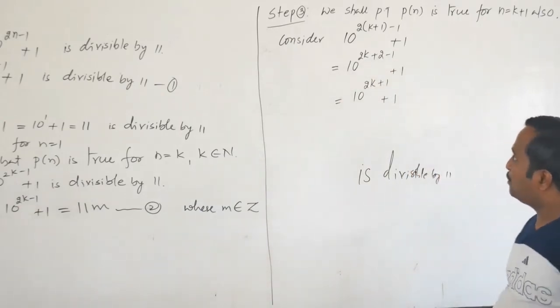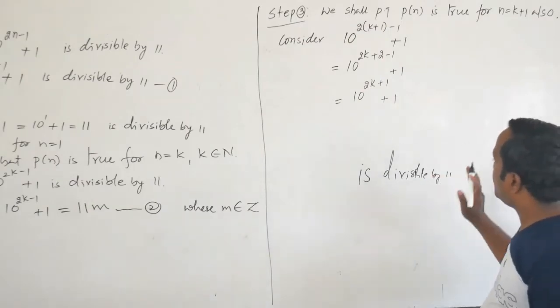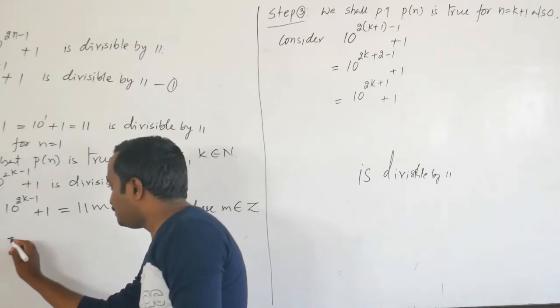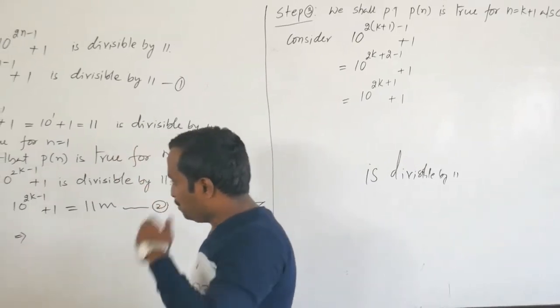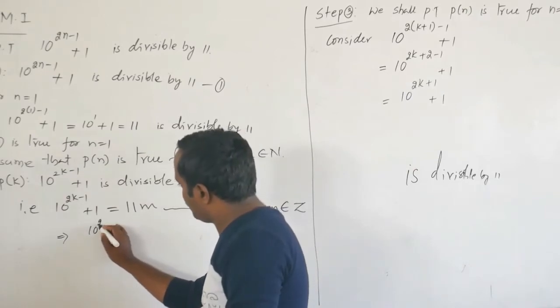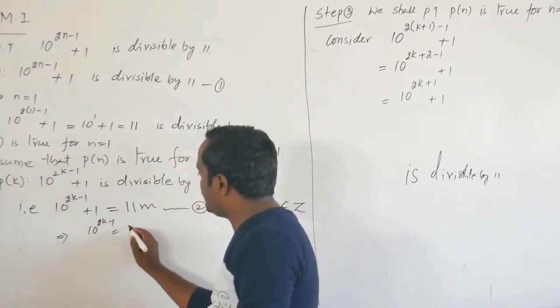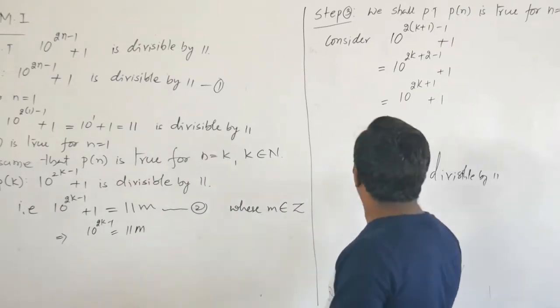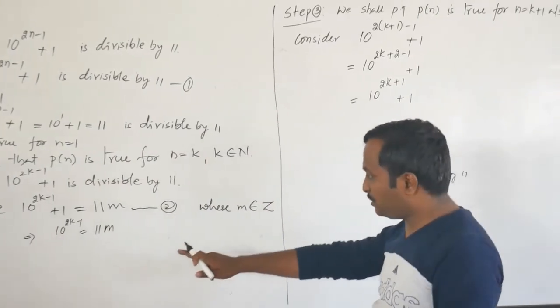Correct? So what I will do from equation 2 is just observe this. 10 raised to 2k minus 1 is 10 raised to 2k minus 1, which can be written as 11. We need 10 raised to 2k plus 1, but there is 10 raised to 2k minus 1.